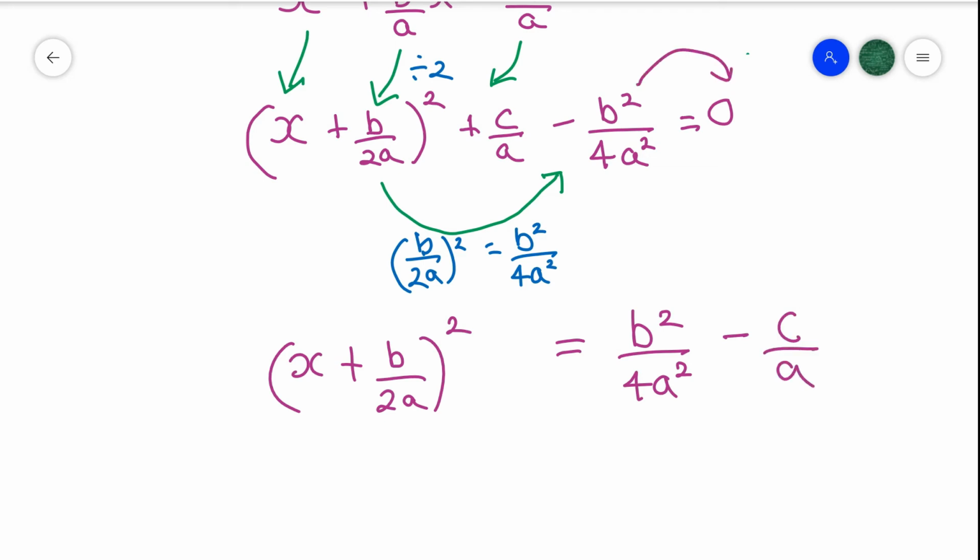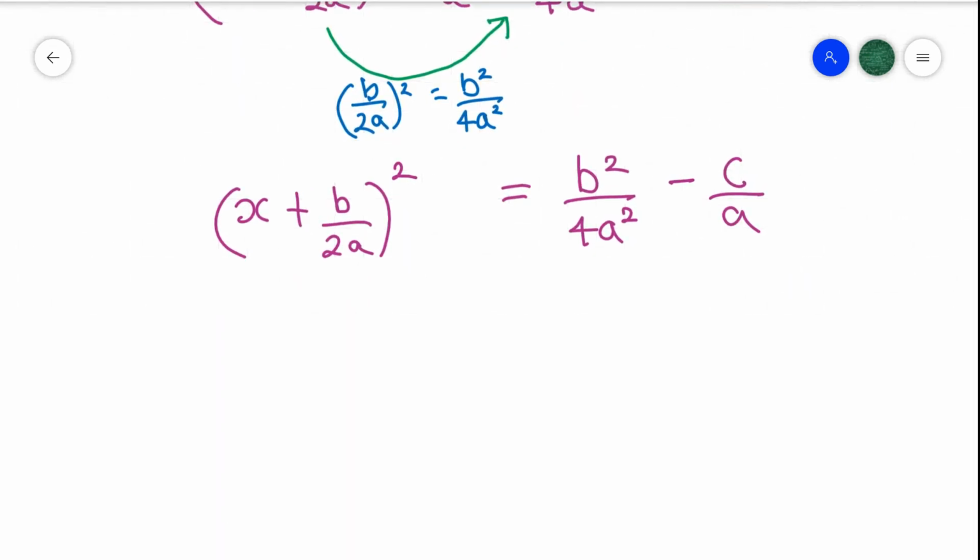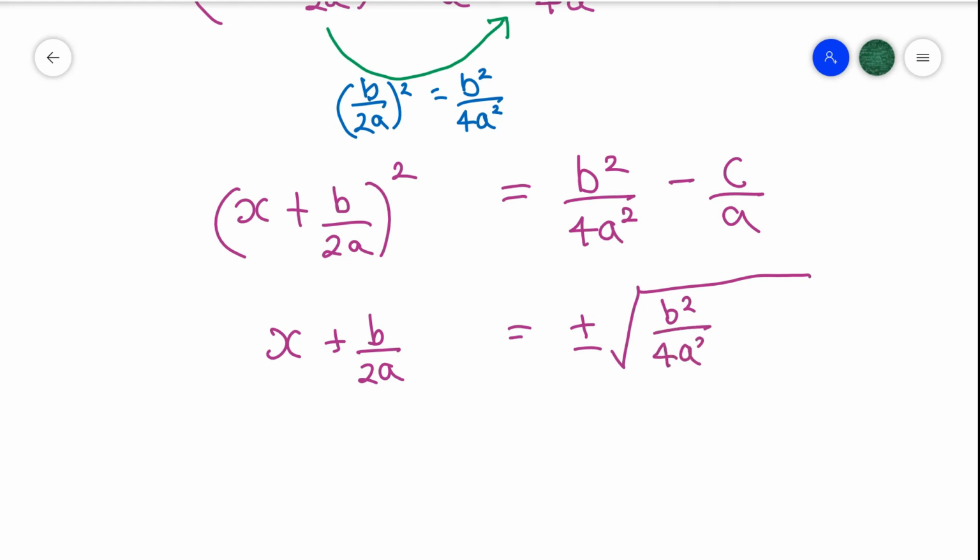We can now take the square root to get rid of the square. So plus or minus. Remember, square root has a plus answer as well as a minus answer. The square root of b squared over 4a squared minus c over a.